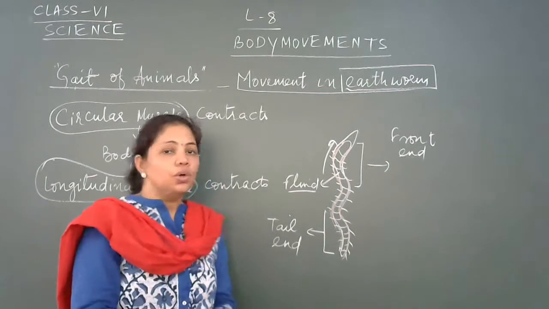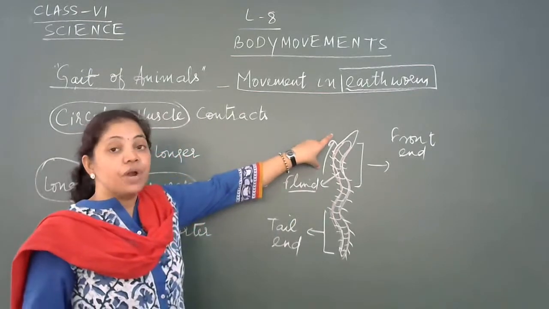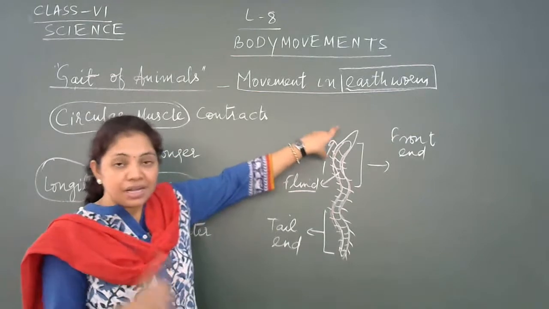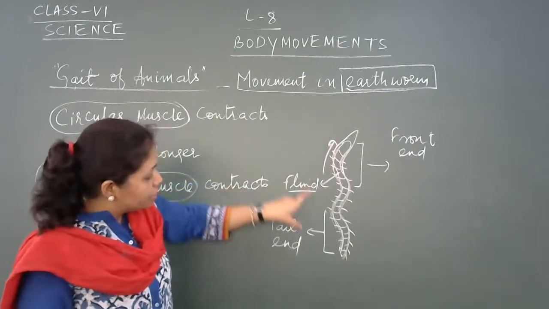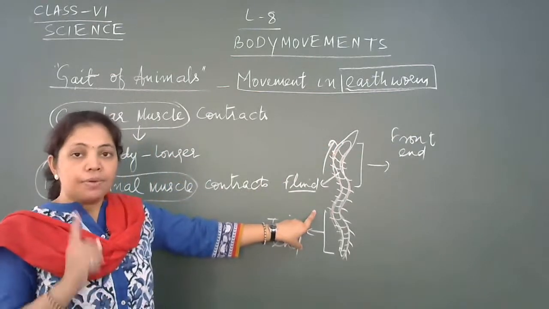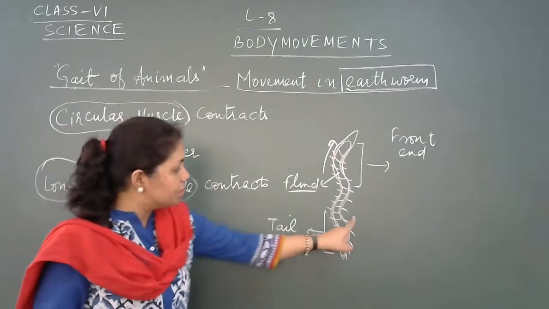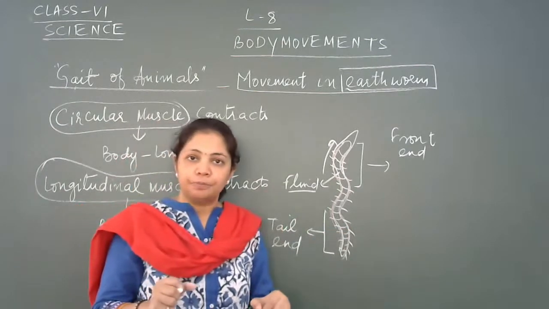Now what does it do? Now it fixes its front end. अब वो क्या करेगा? फ्रंट एंड को फिक्स कर लेता है, तो जो रियर एंड है वो फ्री होता है। अब रियर एंड में क्या होता है? जो लॉन्गिट्यूडिनल मसल्स हैं वो कॉन्ट्रैक्ट होते हैं, right?